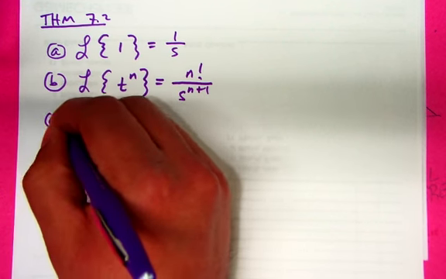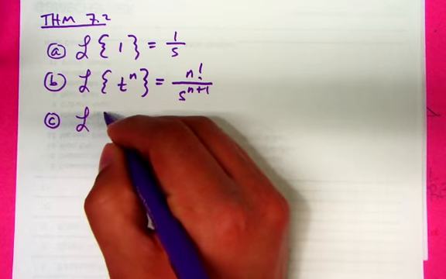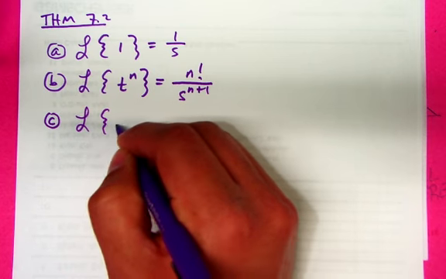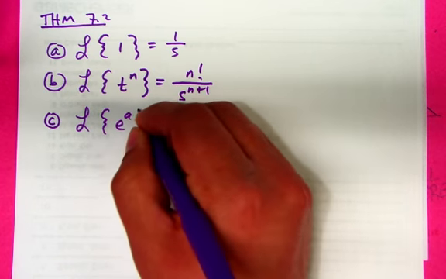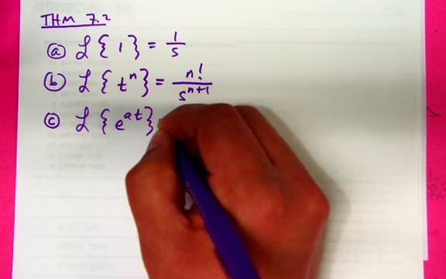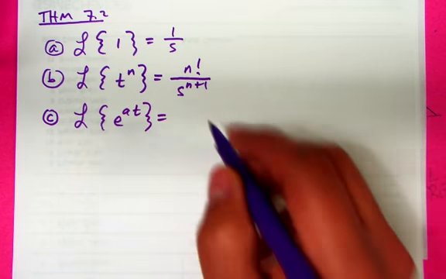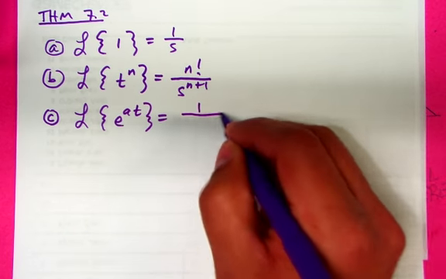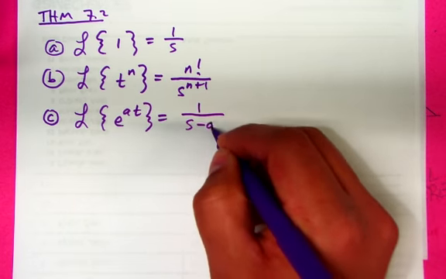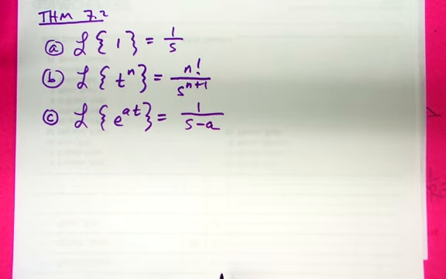Next one, the transform of an exponential, so let's say e to the at. That's simply going to be 1 over s minus whatever this value in front of t is.